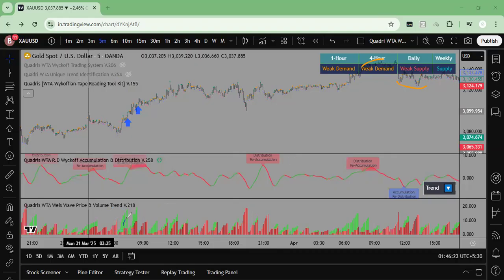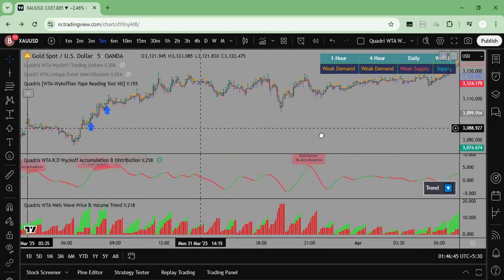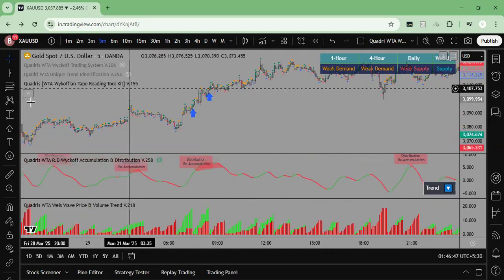If demand is greater than supply, we will get a green color histogram. If supply is greater than demand, then we will get a complete red histogram. This is what I look out for, and we will see how the trade setup was and how I got into the trade. And in coming videos, I'll explain how I execute the trade, like one parameter for me to execute the trade, or you can also plan for that in the trade.